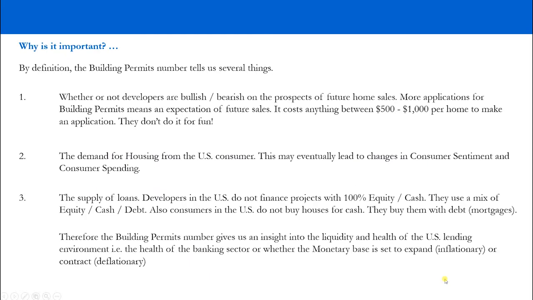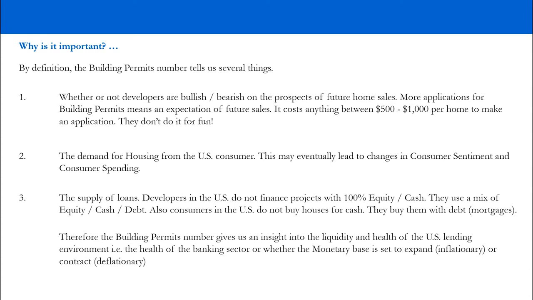And if we think about this in a bit more detail, the building permits number tells us a number of things. The first thing it tells us is whether or not developers themselves are bullish or bearish on the prospects of future home sales. Because the more permit applications that are made to local state planning departments, the higher the expectation of future sales. It actually costs money to make a planning application.